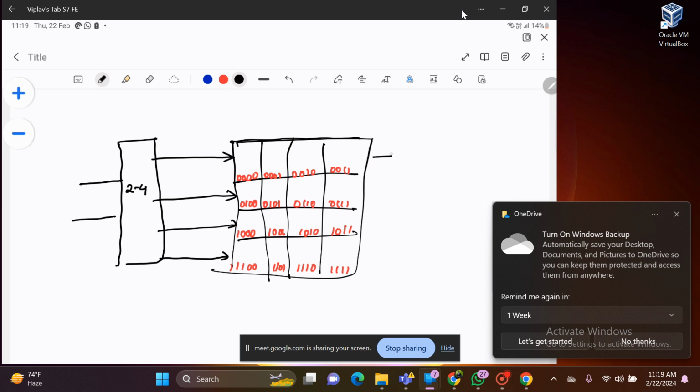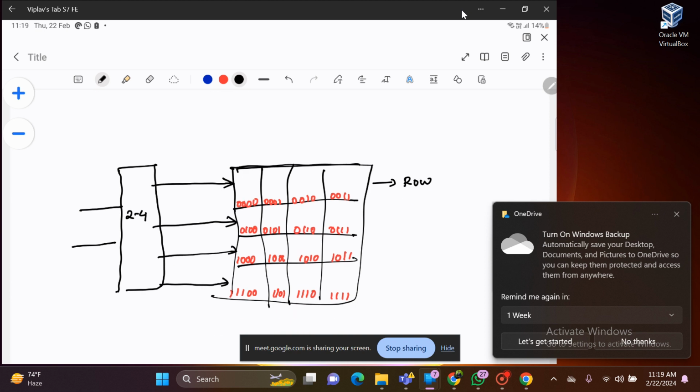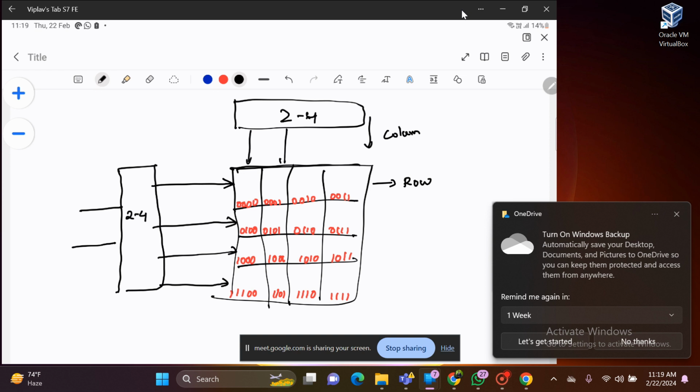This is called the row. Now if we come vertically, this is called the column. So again we will use one 2 to 4 decoder here, with 4 outputs and 2 inputs.